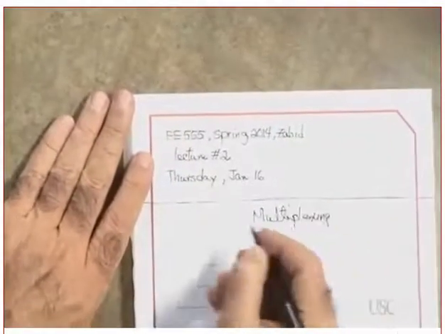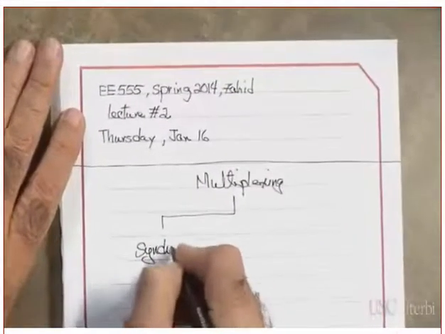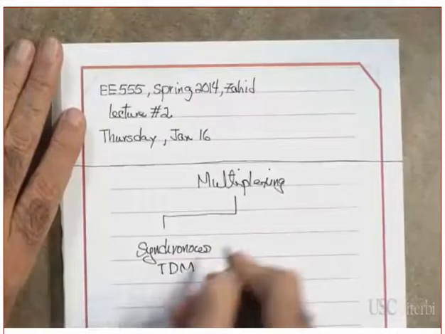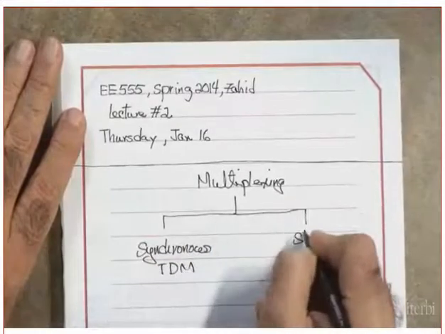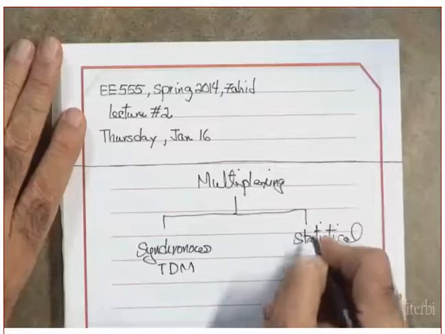Time division. We have synchronous TDM, and we do have what? Statistical TDM.